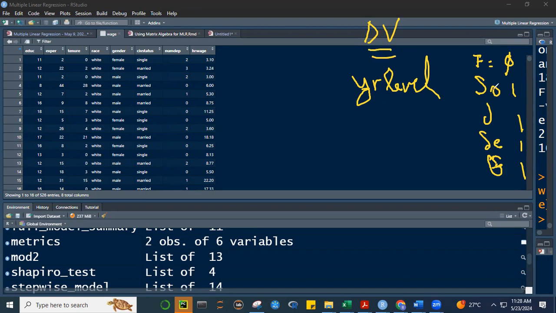And how many dummy variables will be generated? It will be k minus 1. Why k minus 1? So how many dummy variables for year level? Since there are 1, 2, 3, 4, 5 levels, say we have 5 levels, and then minus 1, you'll have 4 dummy variables.